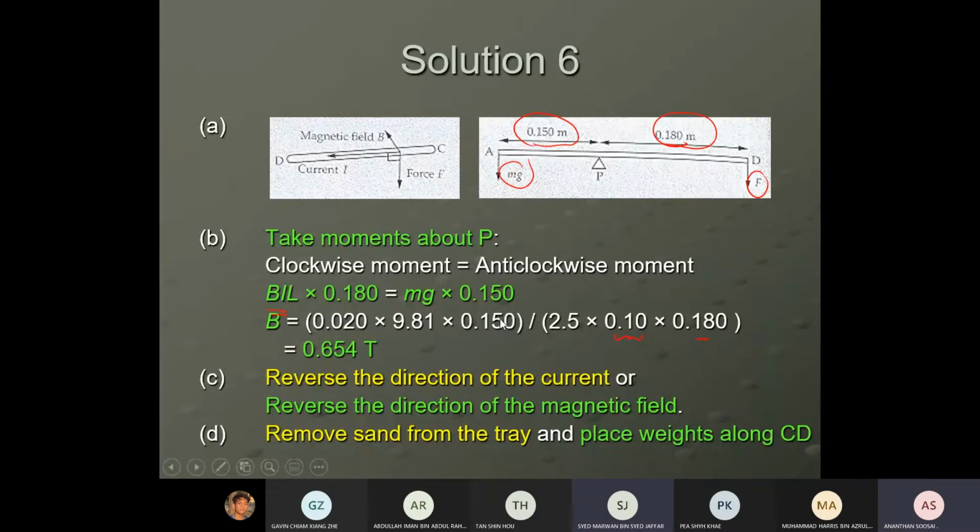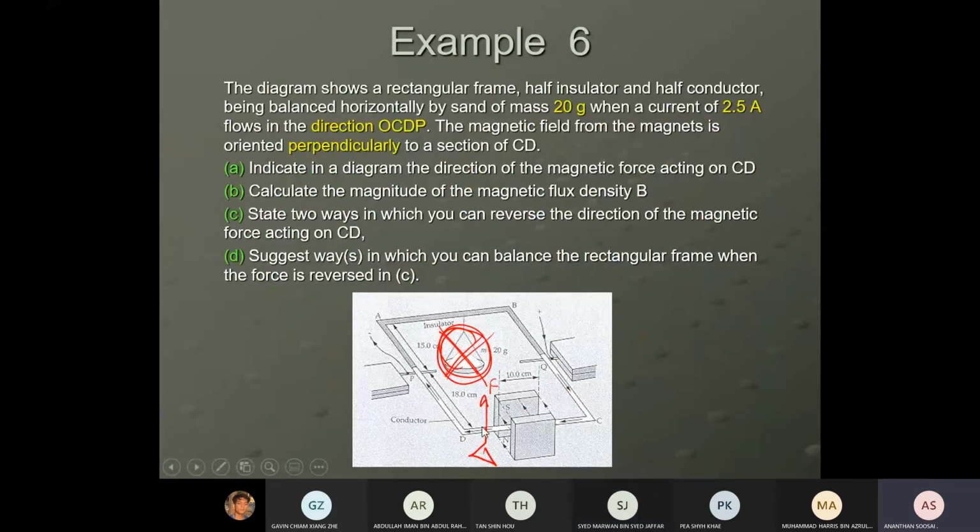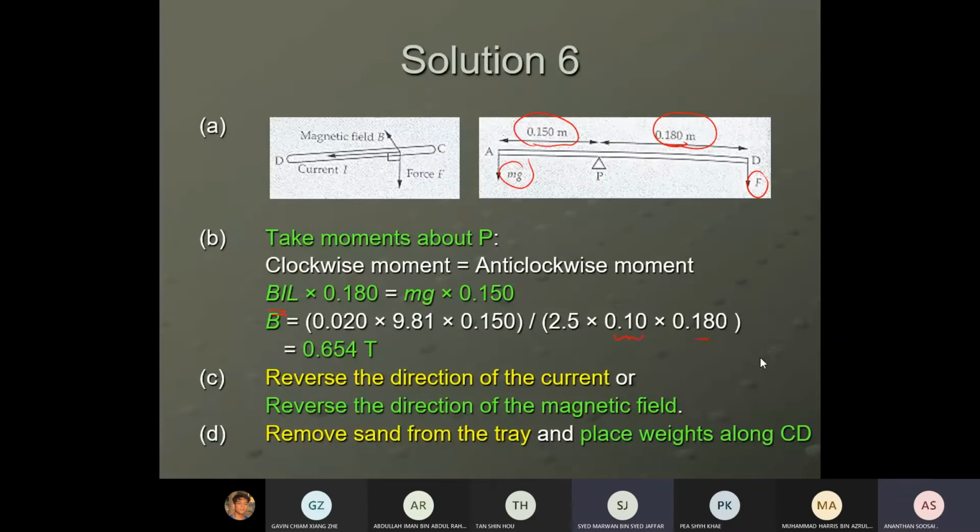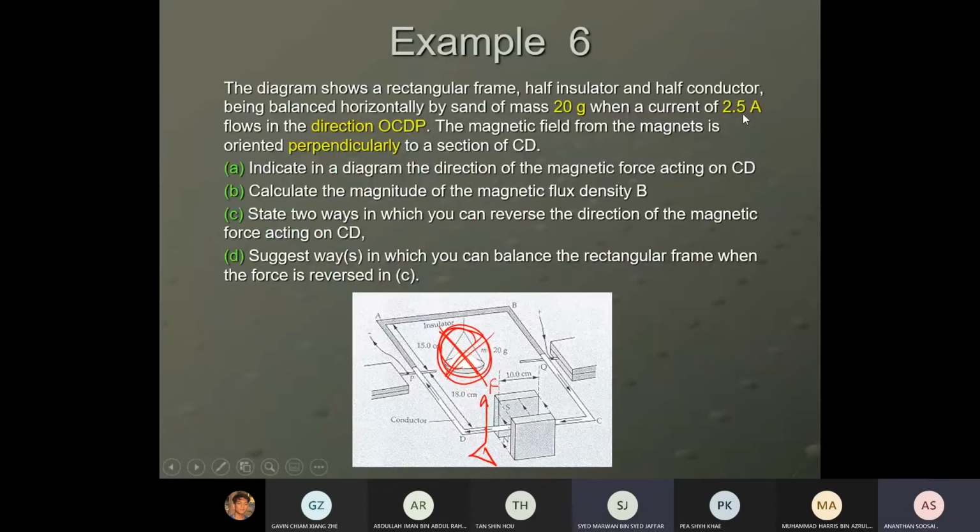Any part you don't understand here? This is the current balance. Any questions? What's the value 2.5 there? The 2.5 is the current, 2.5 ampere.